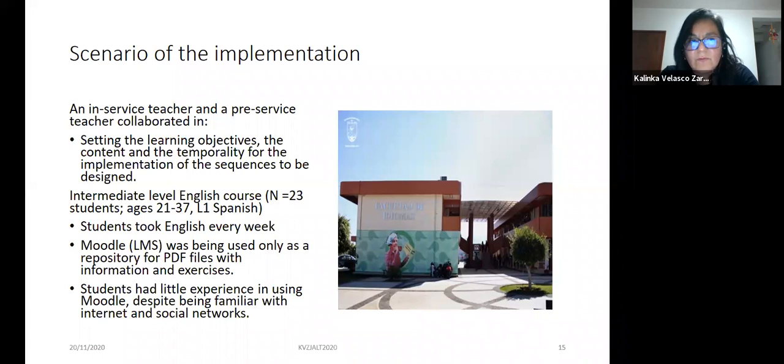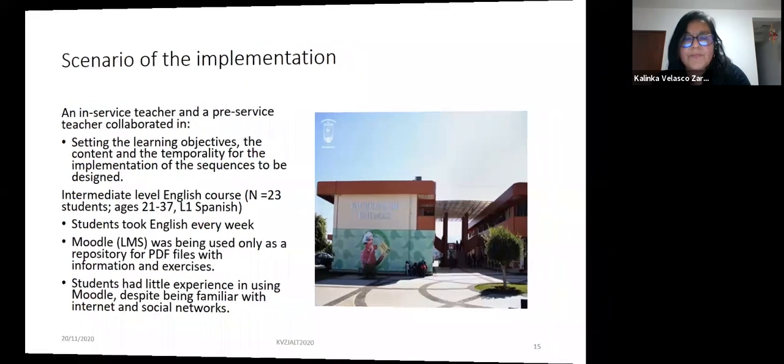These sequences were for an intermediate level English course with 23 students, ages 23 to 37, whose L1 is Spanish. The students took English every week, and Moodle was being used only as a repository for PDF files with information and exercises. Students had little experience in using Moodle despite being familiar with the internet and social networks.